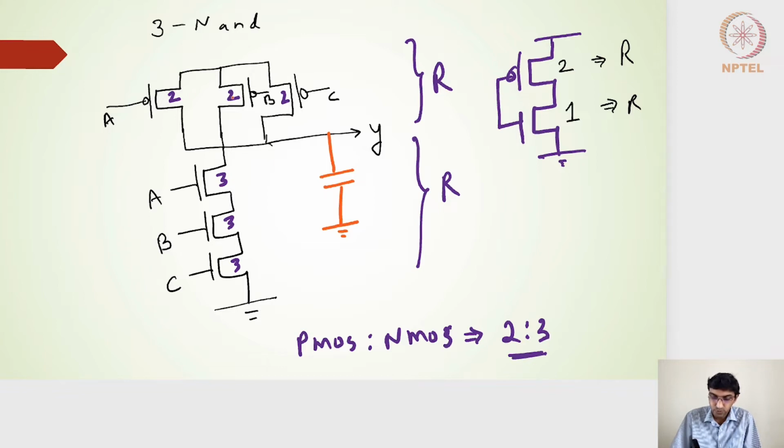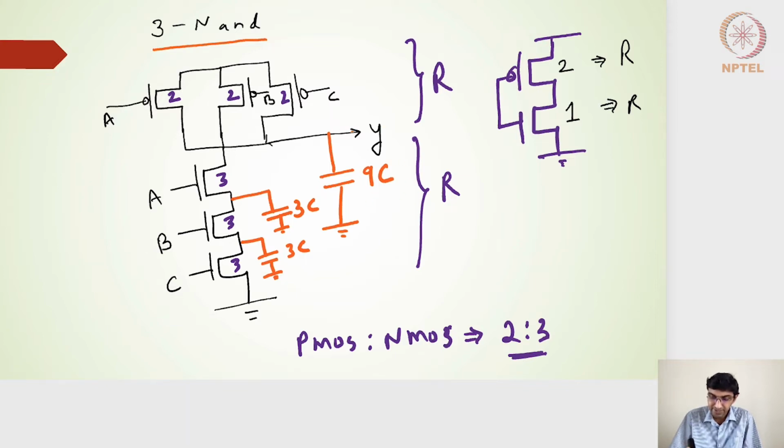Overall, 2 plus 2 plus 2 plus 3 gives around 9C at the output node. The internode diffusion capacitance is 3 here, because of the merged uncontacted diffusion nodes, and 3 here also. So this is the three input NAND gate as a standalone gate, with a capacitance of 9C.